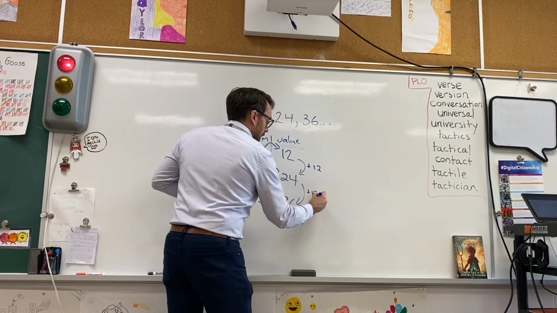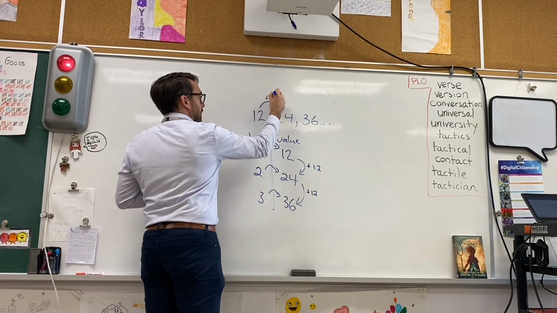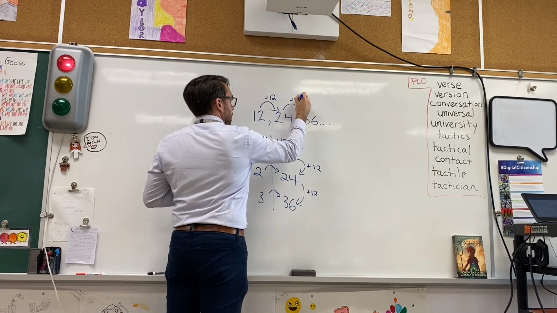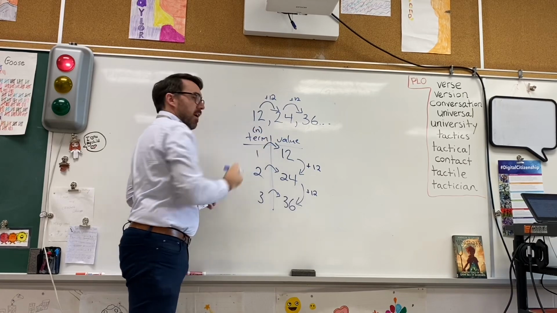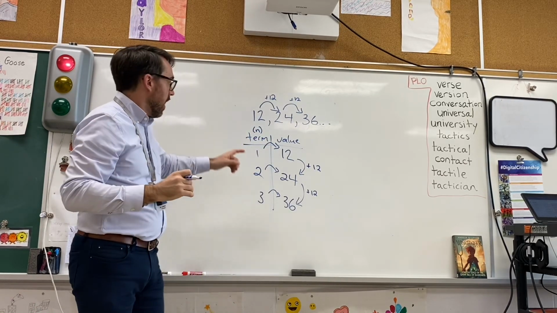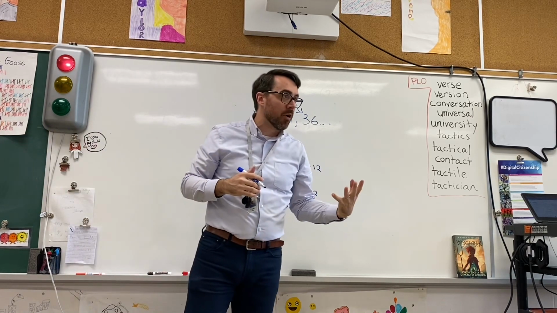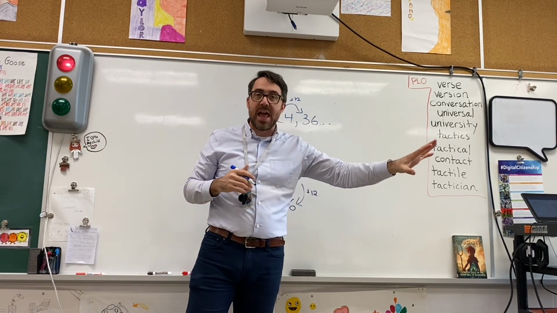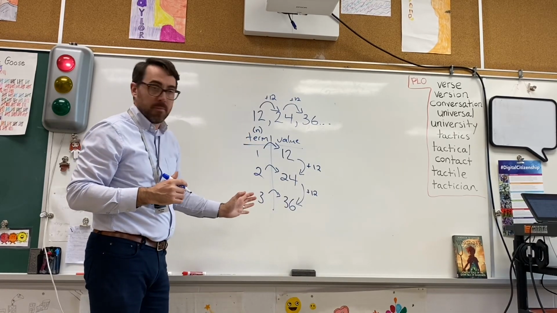So our pattern is changing by 12. So we're adding 12 each time. Okay? That is true. But if I want to use this even more powerfully, I can call the term n. N's a variable that can stand for any number of my term.